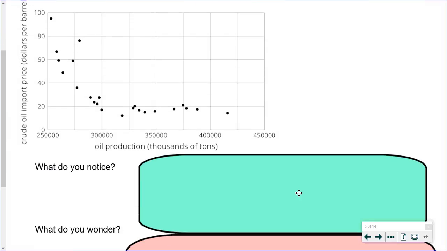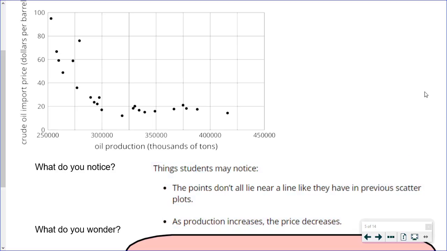All right, so a few things that I noticed about the data was that the points don't all lie near a line like they have in previous scatter plots. A second thing I noticed about the data was as the production increases, the price tends to decrease. So if you did not notice either of these things, please add them to your notes.